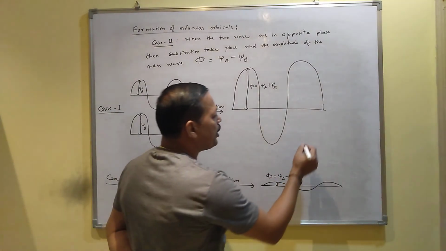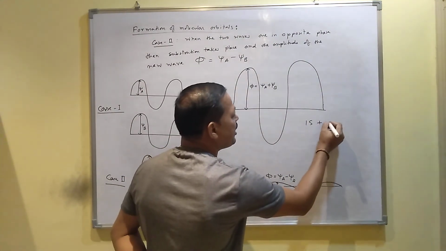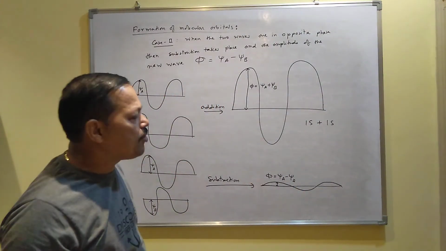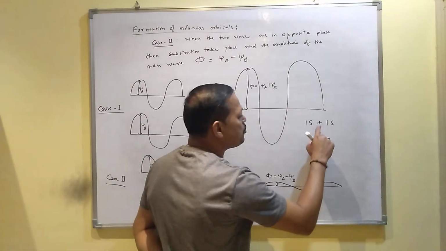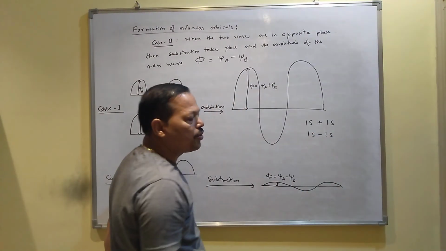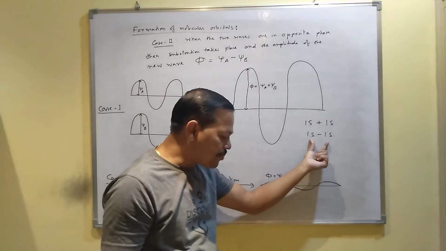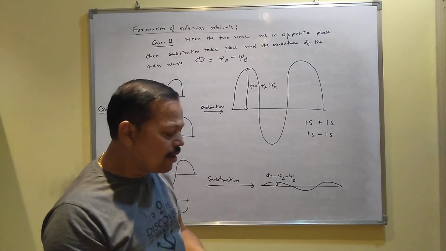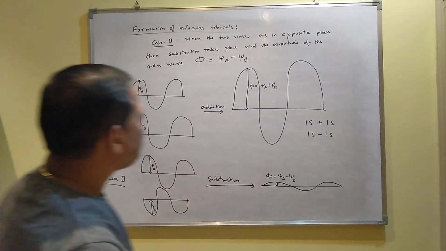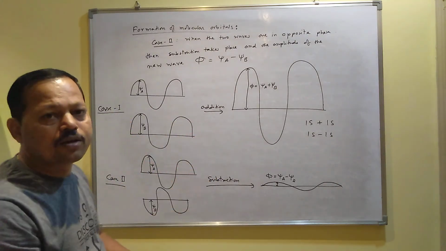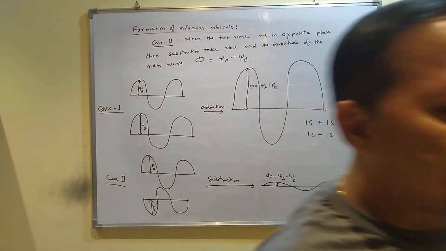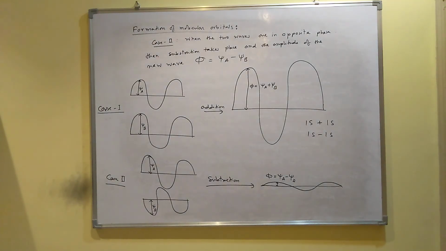So when 1s combines with another 1s, they always form two molecular orbitals. Now I will give you the names of the molecular orbitals, and how the addition and subtraction takes place in orbitals.